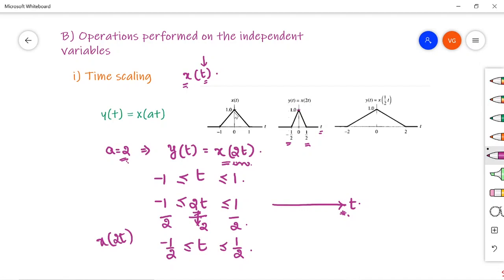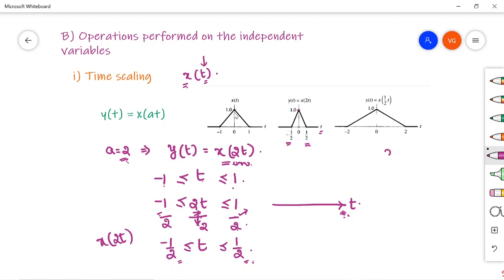Initially the signal extended from -1 to 1. Now the new signal also has the same limits, -1 to 1. As you have to draw it on the t scale only, I am just dividing it by 2 such that I will find out the new time limits here.